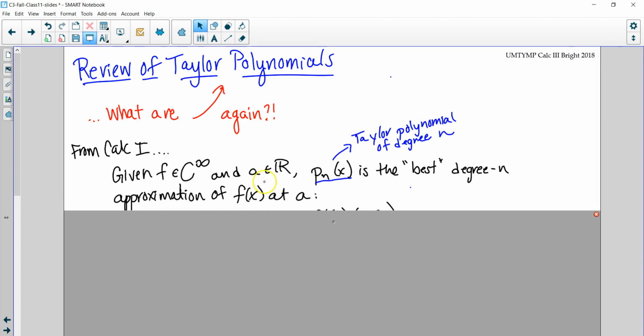We have a point a in the real numbers, and then we say that the Taylor polynomial of degree n is p sub n of x. It's the best approximation of f at a. That's the spirit in which we're going to go forward. This is a Calc 1 case, but really we're going to do this to try and approximate a surface.